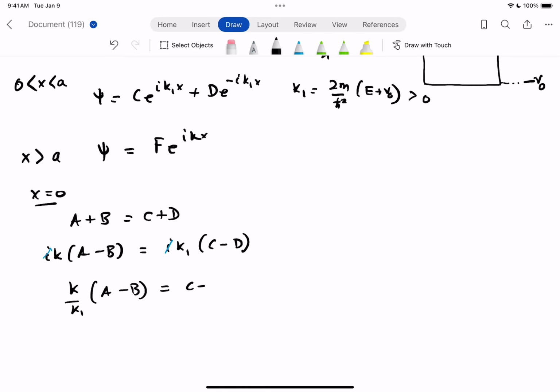Alright, so let's write down the continuity conditions at x equals a.